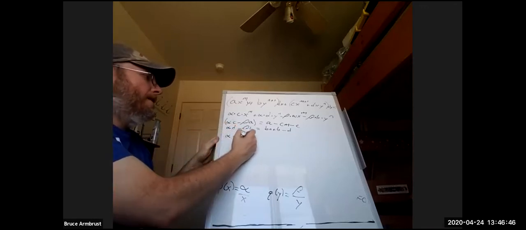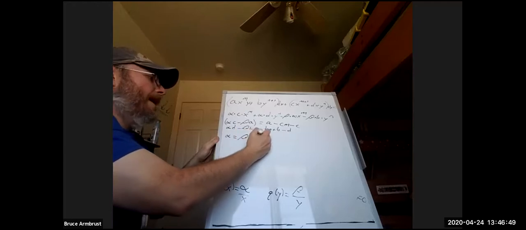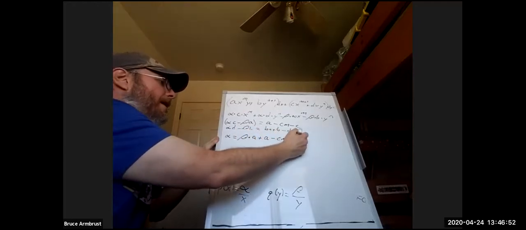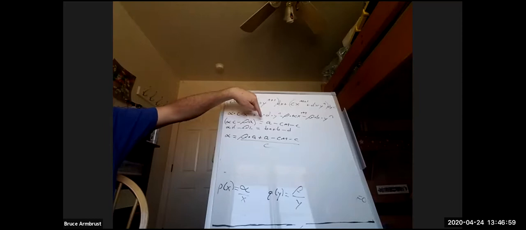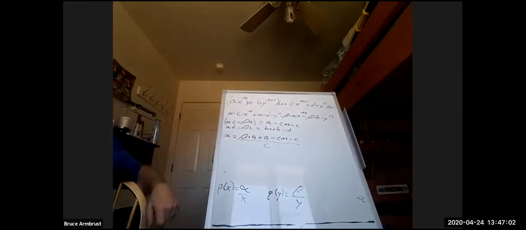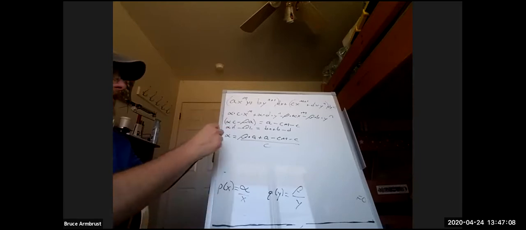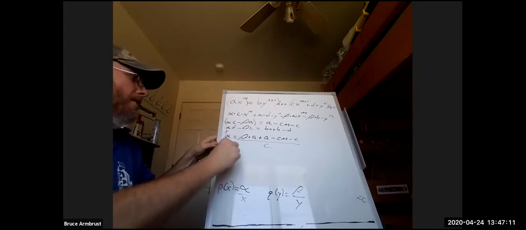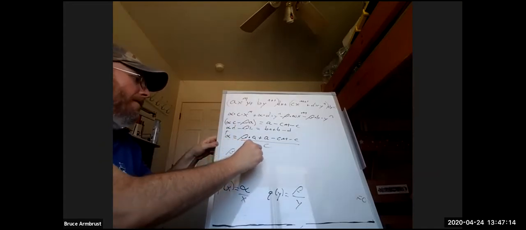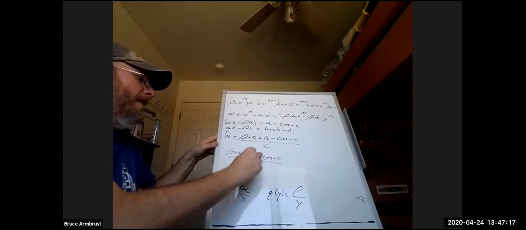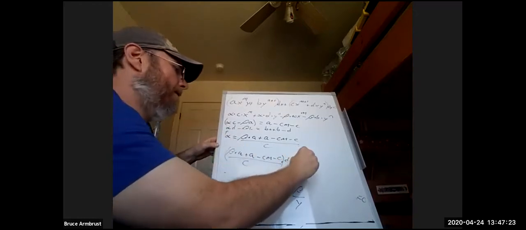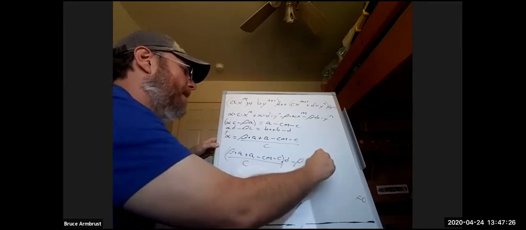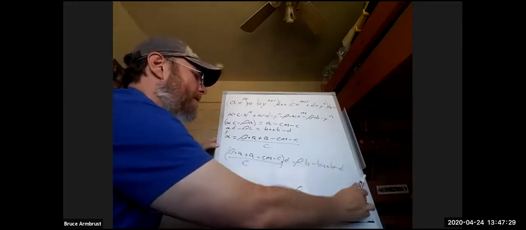Alpha is going to equal beta times A plus A minus Cm minus C all over C. So I just move this piece over so it becomes positive, and then I divide by the C. Then I can fire that into the other equation for alpha, so that we get beta times A plus A minus Cm minus C over C times D, minus beta times B has to equal Bn plus B minus D.